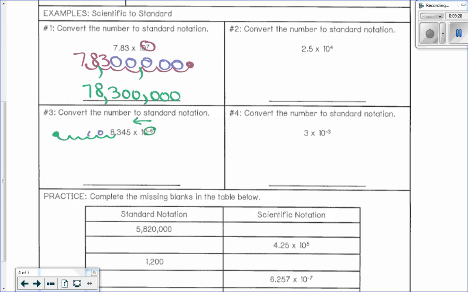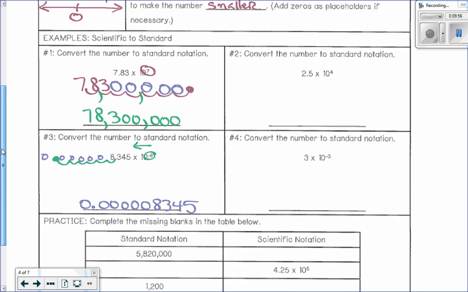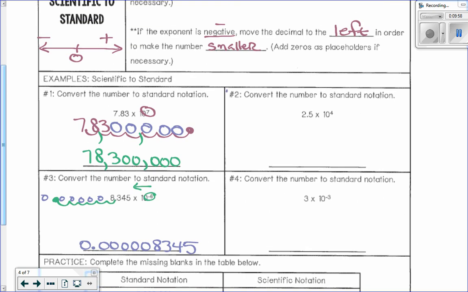Fill in zeros, and then you can have a 0 in front of the decimal as well. We're good with that? All right, so with your table, try number 2 and number 4, and we'll have 2 more volunteers.